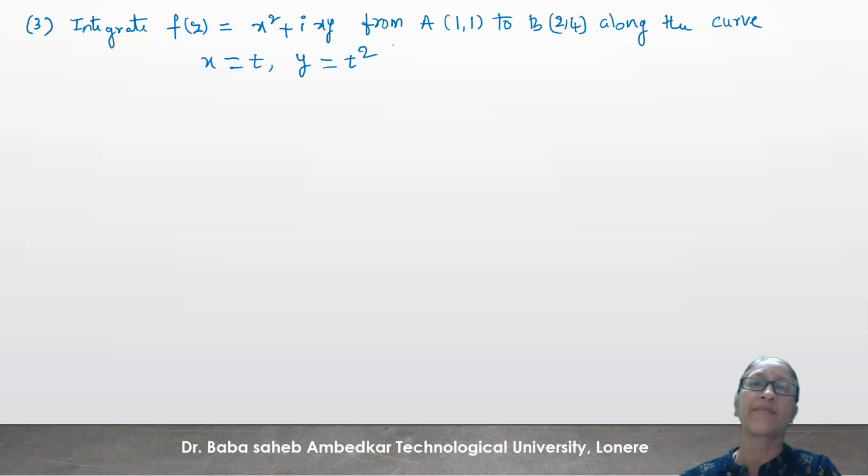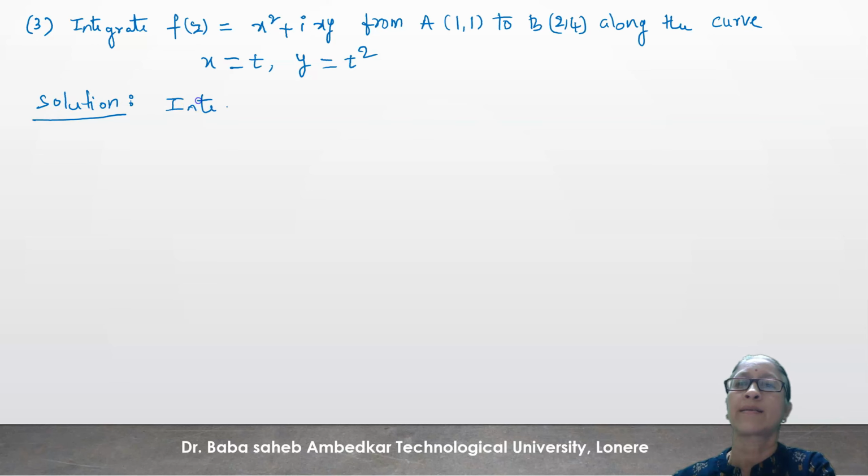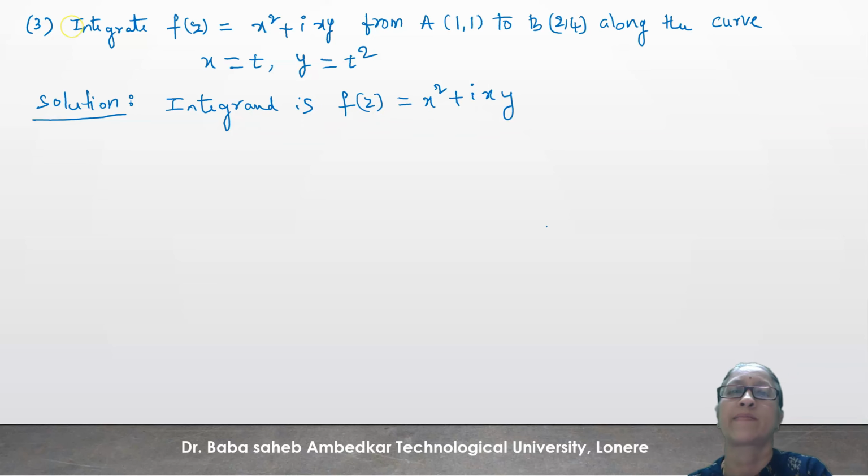If a parametric curve is given, we have to convert the integrand in terms of t, then we have to find limits for t. Now let us convert the integrand first. The integrand is f of z equal to x square plus ixy.